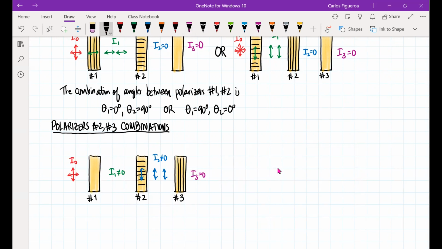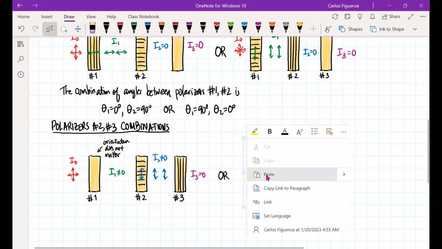So again, this guy, as I said before, this orientation does not matter. This guarantees 180 degrees equal to 0 here. Now, the other thing that I could do is note that I can reverse this combination.